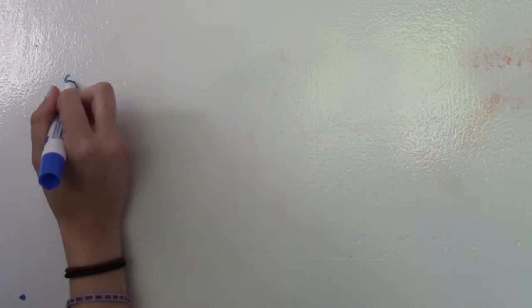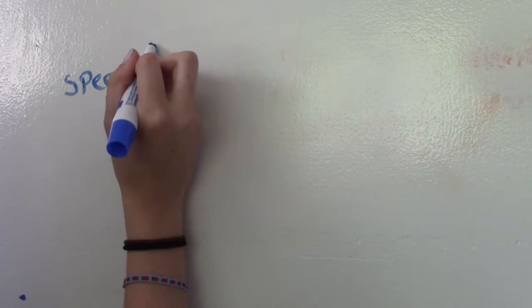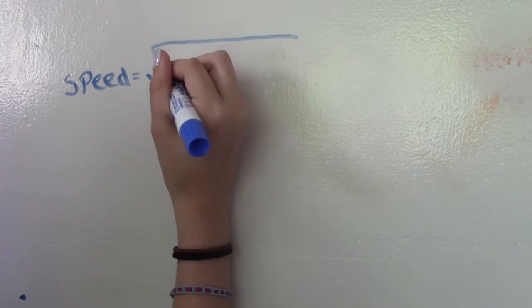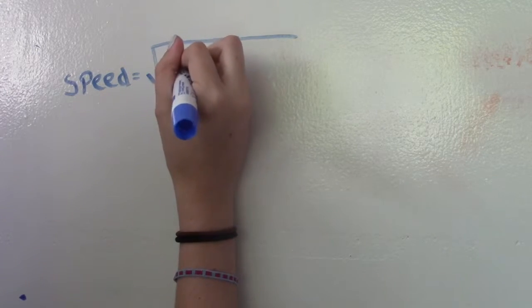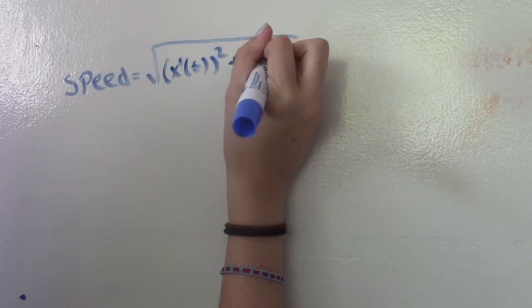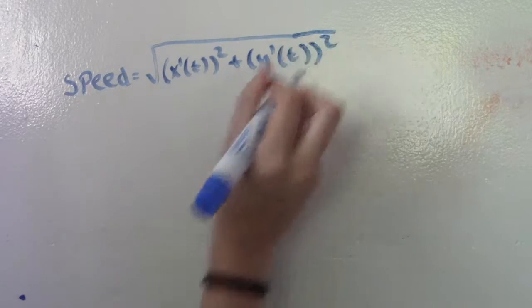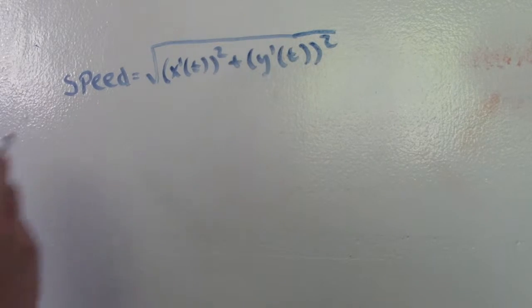It'll be very likely that we see an AP problem involving parametrics that asks for the speed of the particle. Now, if we can remember our speed equation, which is the square root of x prime of t squared plus y prime of t squared, then we'll be able to just plug in our parametric derivatives and solve for that.